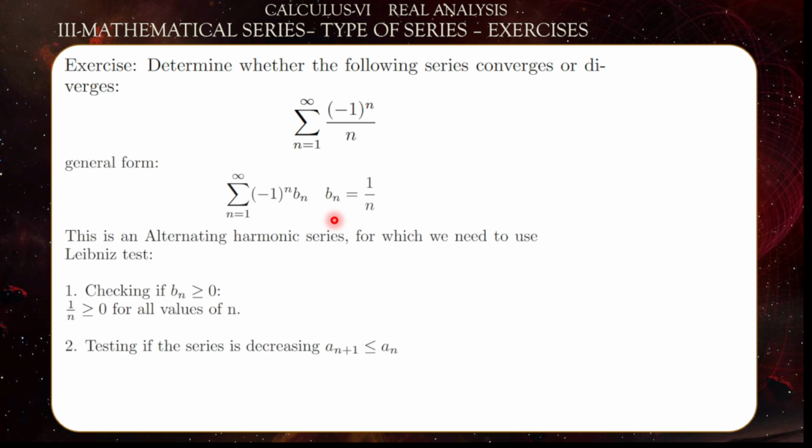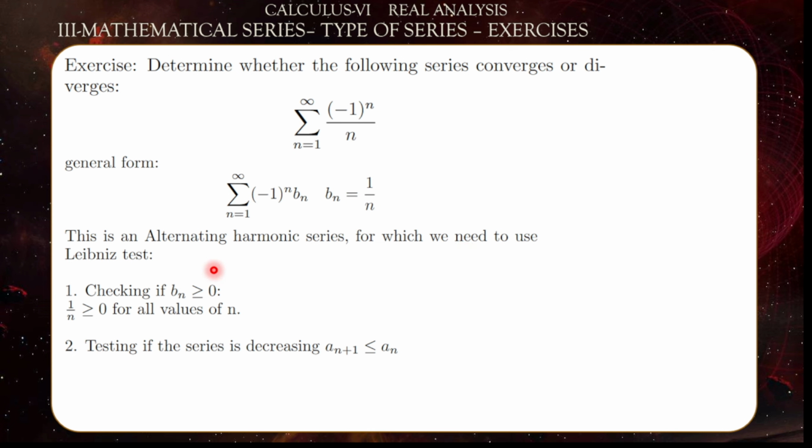So at first, the general form is given by sigma n equal 1 to infinity of minus 1 to the power of n bn, with bn equal 1 divided by n, the component multiplied by minus 1 to the power of n. This is again an alternating harmonic series for which we need to use Leibniz test.